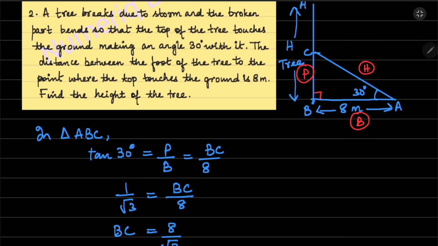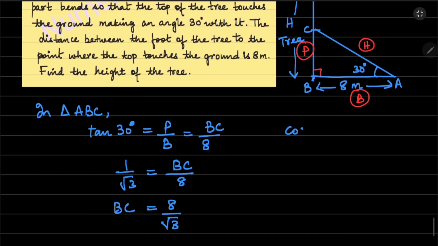It is cos. Cos 30 is equal to base by hypotenuse. What's your base? Base is nothing but 8 divided by capital H. What is cos 30? It is root 3 by 2, which is equal to 8 by H.